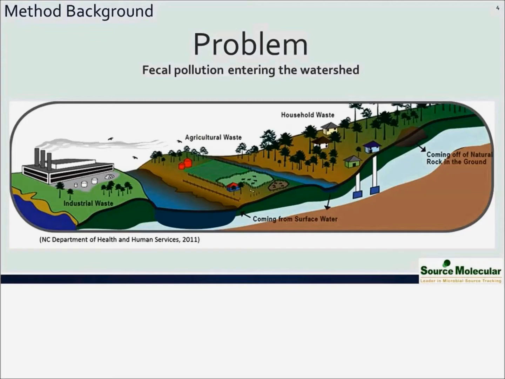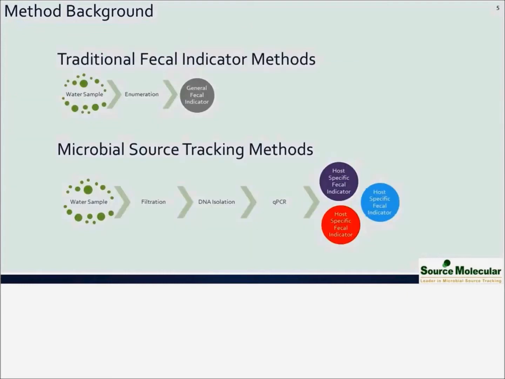And it's not always obvious what is the cause of that fecal pollution. With traditional fecal indicator methods, you take the water sample, you enumerate it, and it tells you you have general fecal indicators in your water, which is helpful for monitoring and regulatory purposes. However, it doesn't really provide you insight into what's causing that pollution.